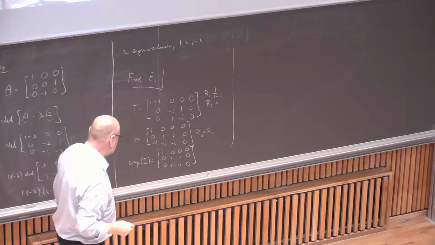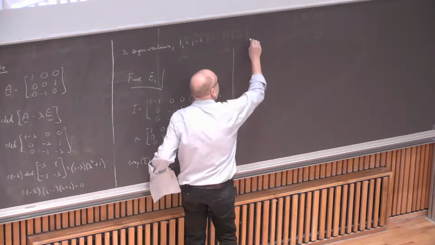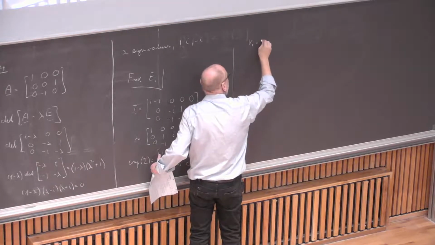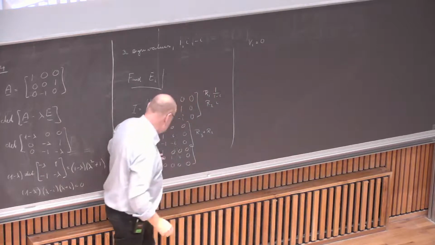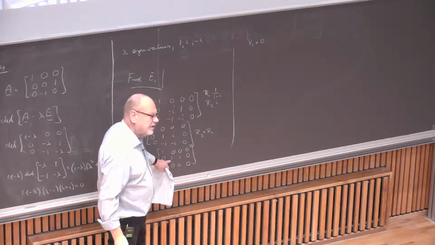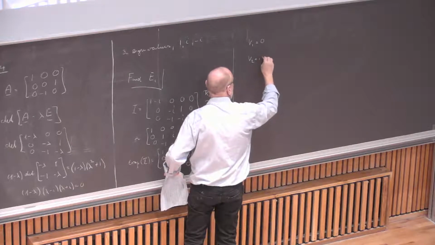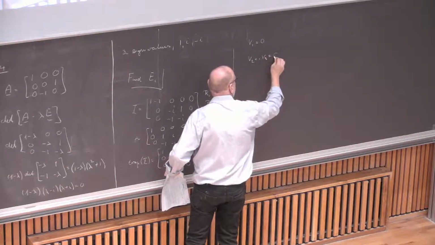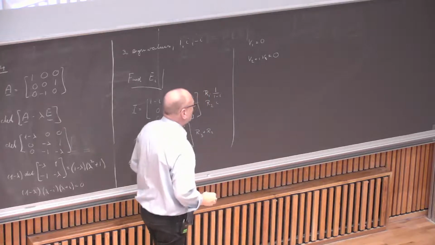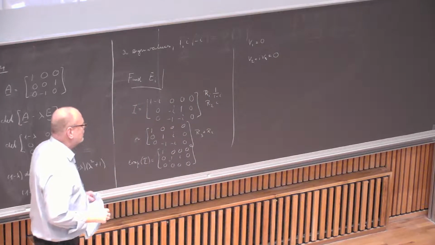So what I get is that V1 is equal to 0 from the first equation, and from this equation here I get that V2 plus i V3 is equal to 0. So I have one free parameter.